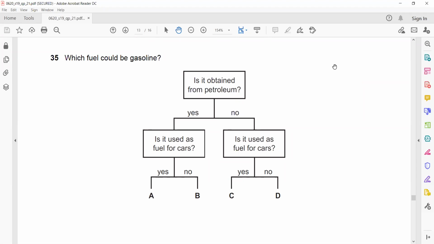So 35A is the right answer because it is obtained from crude oil or petroleum, and it is used as a car fuel.